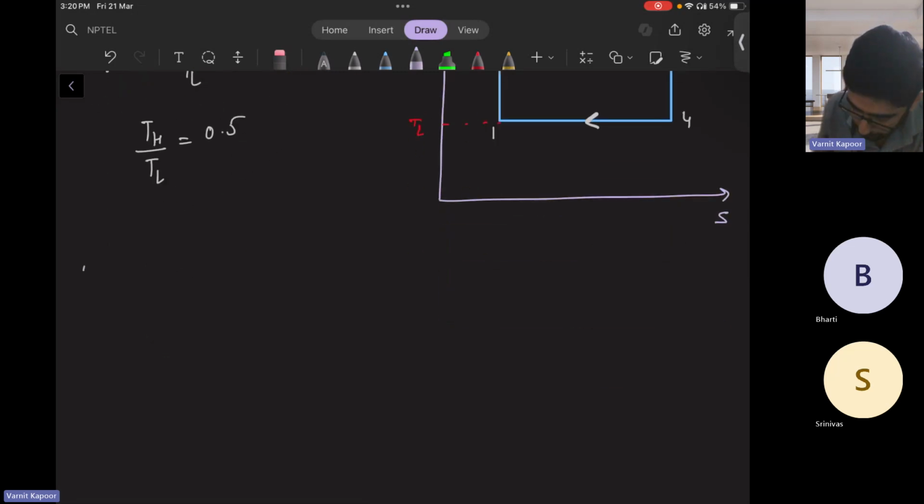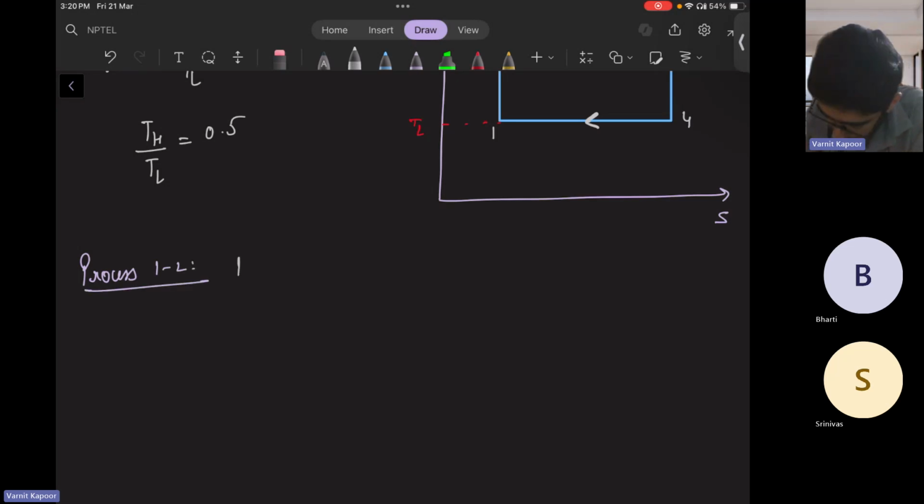For process 1 to 2, PV raised to the power gamma is equal to constant. So it's an isentropic compression. We know that isentropic is adiabatic as well, adiabatic reversible, so there is no heat transfer.